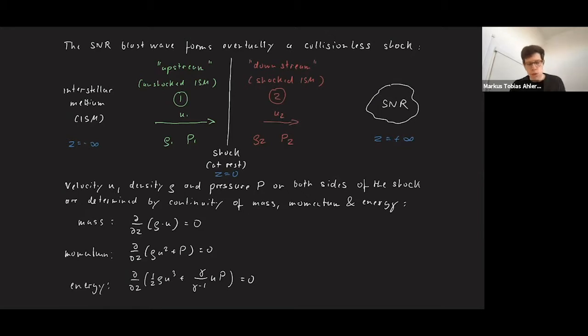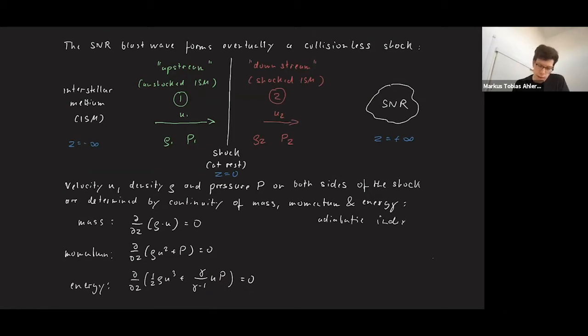And here the energy will be the total energy, which is divided between the bulk kinetic energy, the first term that you see here, and the internal energy, which is related to the pressure via the adiabatic index. So this factor gamma that I indicate here is the adiabatic index.